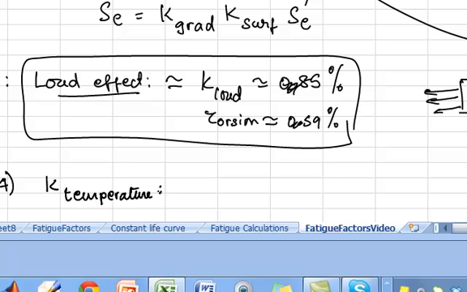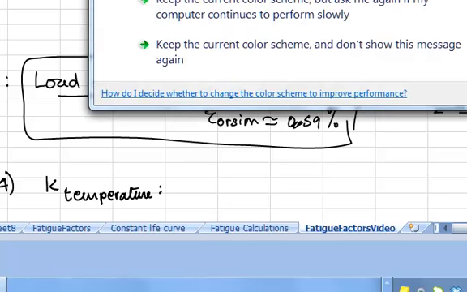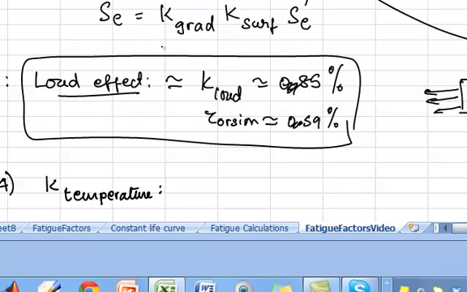If it is hotter, it will be less prone to fatigue, it will be more forgiving. So generally speaking, at higher temperatures, you will find that this will be beneficial. You get what I mean?